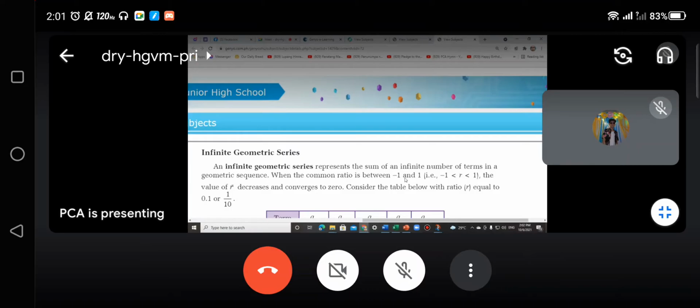But if it's in the middle, like it's ano bang numbers? What are the numbers in between negative 1 and 1? They are but okay, obvious, no? What is the middle of that negative 1 and 1? It's 0. Okay. Pero ratio na 0, hindi pwede, no? We disregard 0.